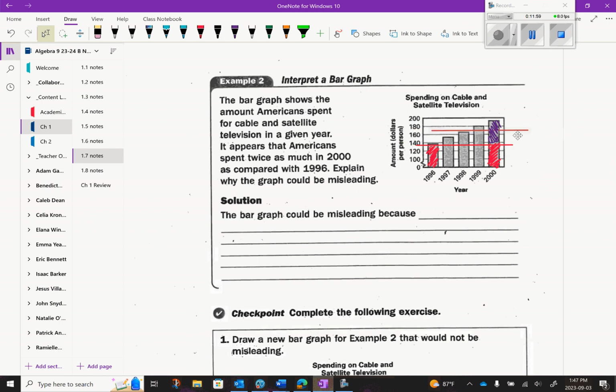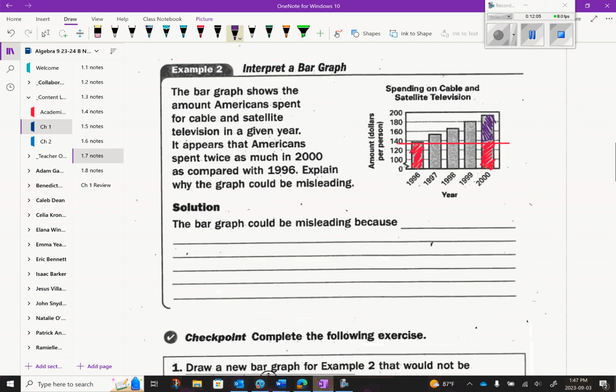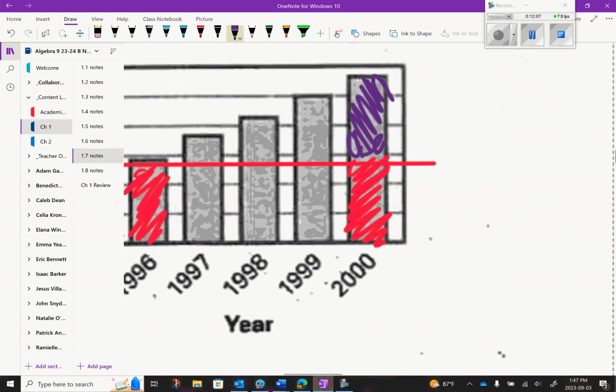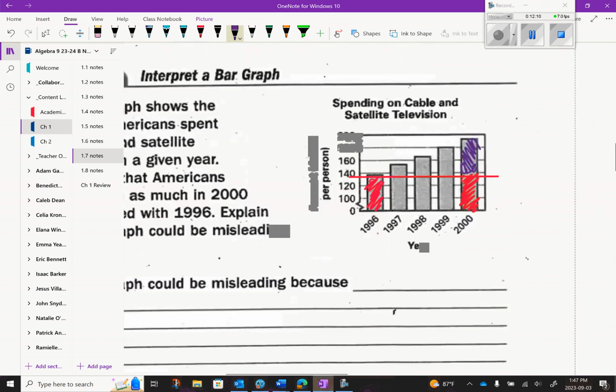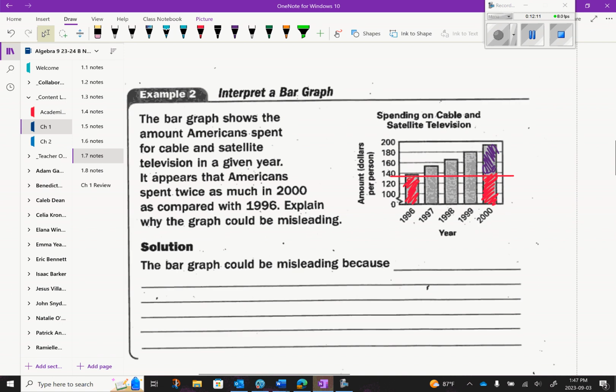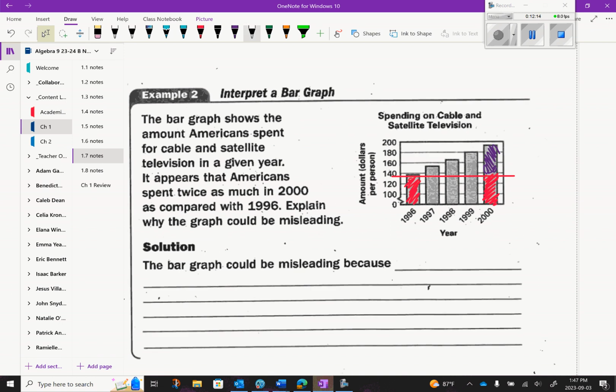It looks like this rectangle here for the year 2000 has just about been cut in half. But wait a minute. What's going on here?